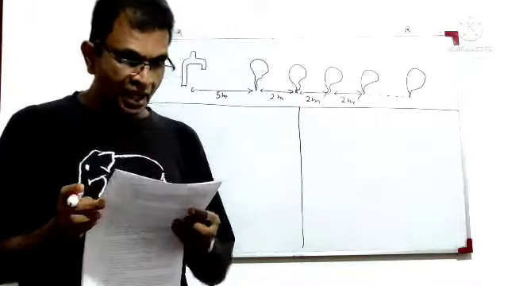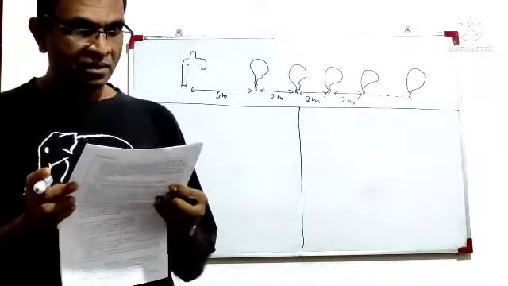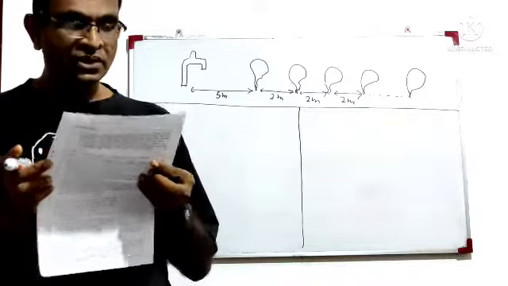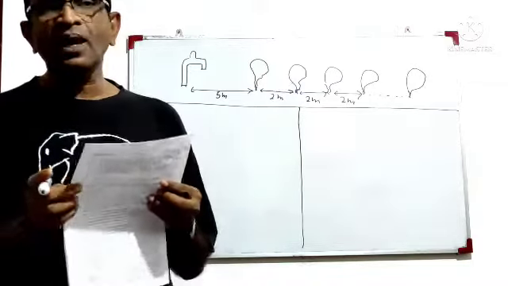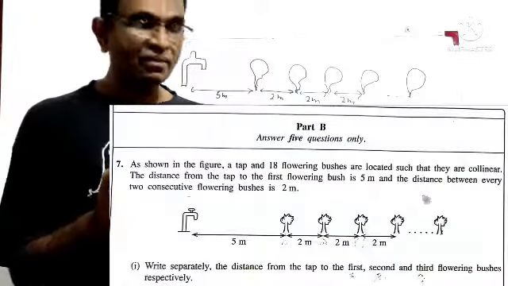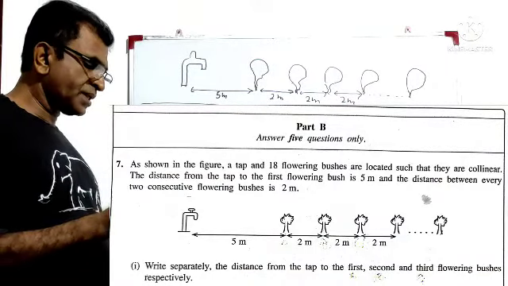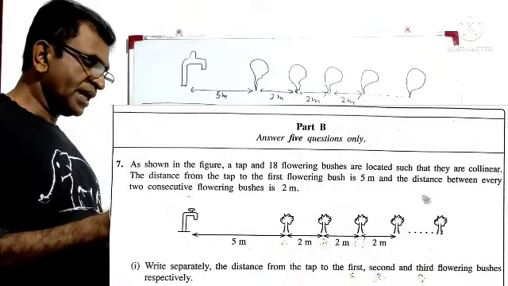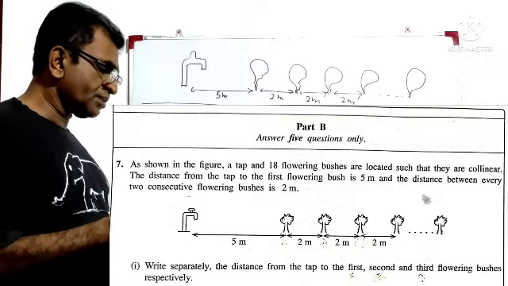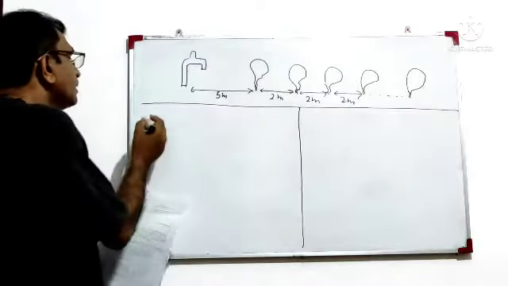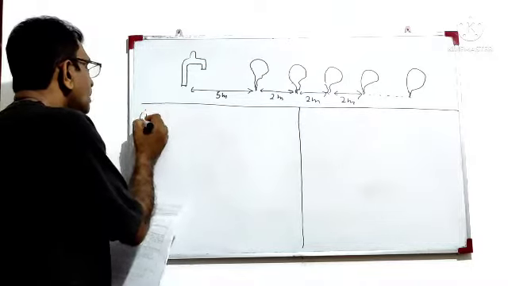What the question asks, first part, Roman numeral 1: write separately the distance from the tap to the first, second and third flowering bushes respectively. Then what is the answer for Roman numeral 1?